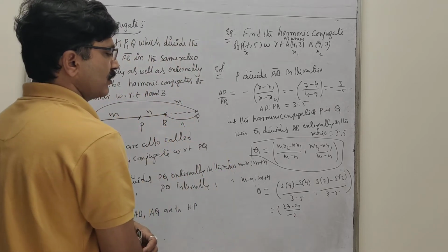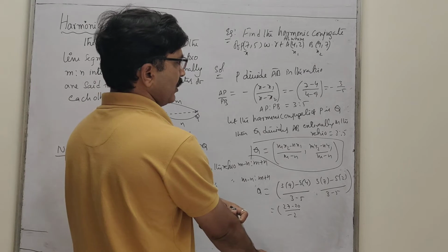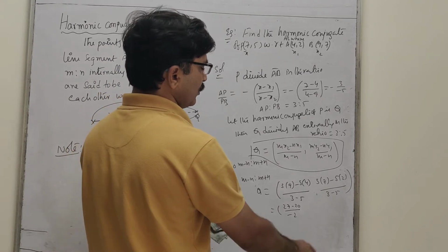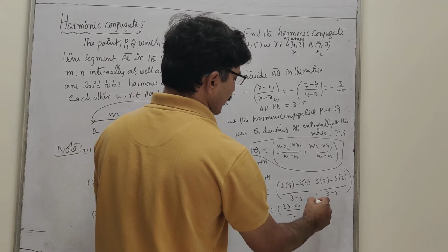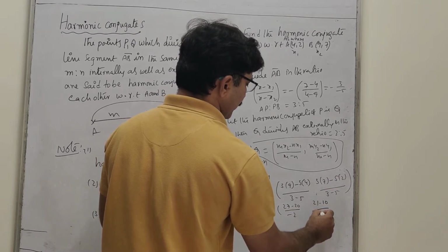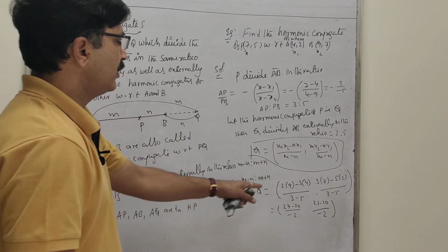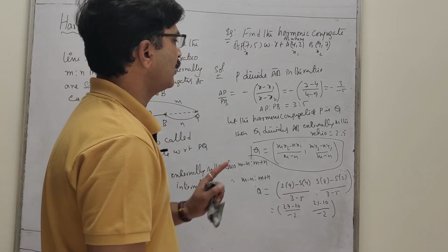And the next one is 21 minus 10 divided by minus 2. Like this we are getting: 9 threes are 27, 5 fours are 20.